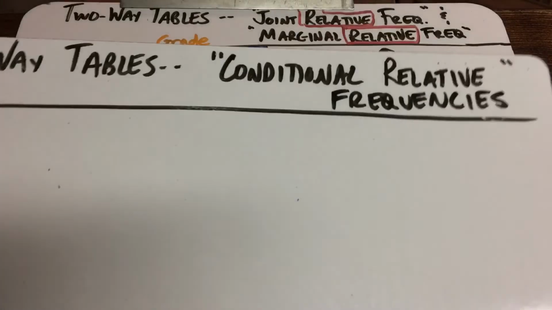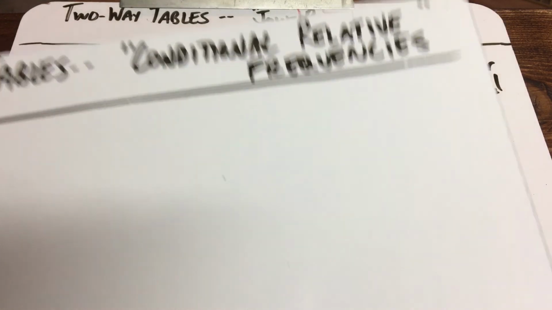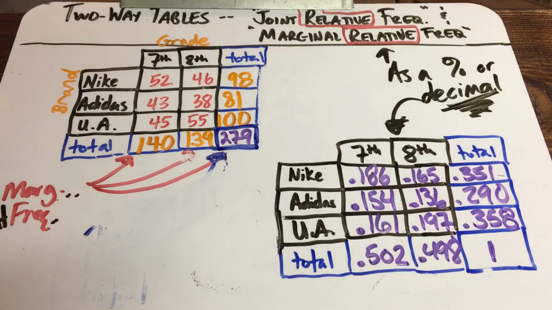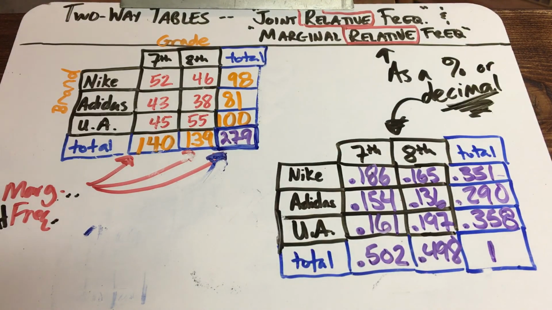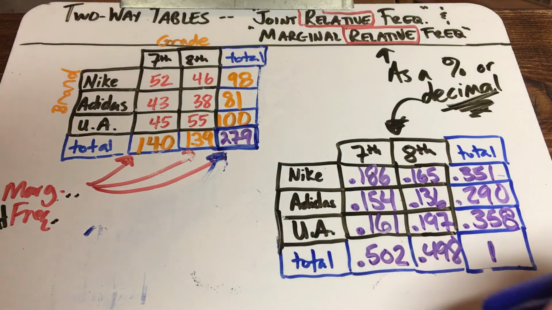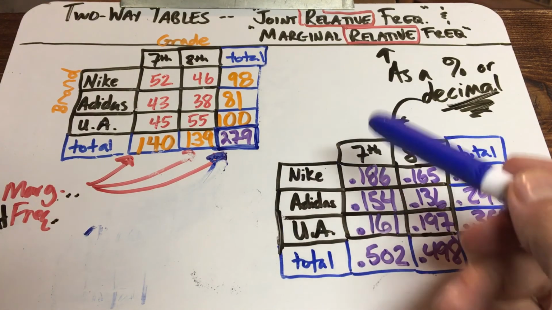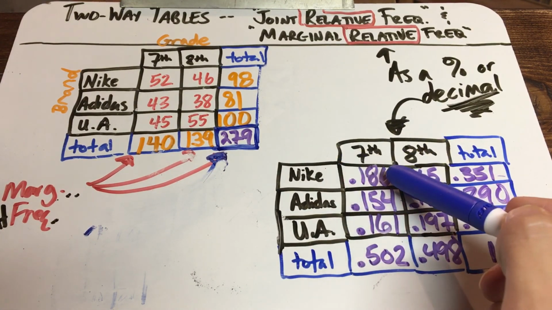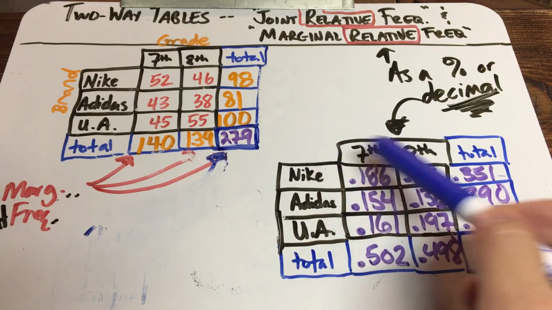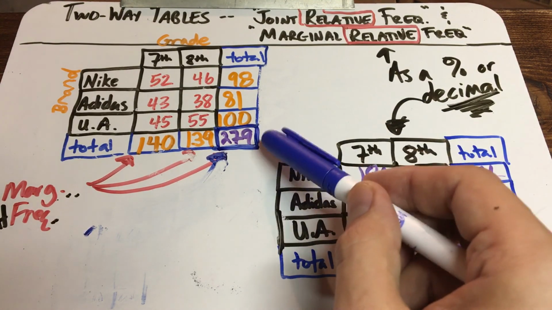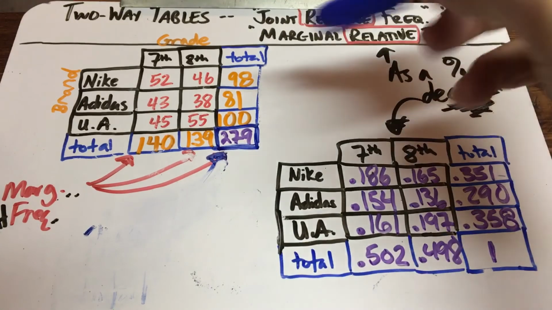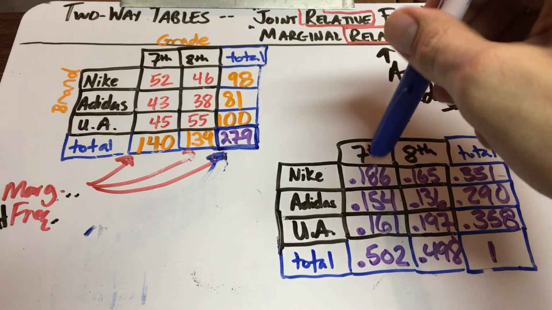If they ever ask you for a conditional relative frequency, now you just divide everything by the total of that column, right? So if, for example, instead of asking what percent of the students were 7th graders who like Nike, or 8th graders who like Nike, instead of saying what percent of the overall total, what if I just said what percent of the 7th graders like Nike?